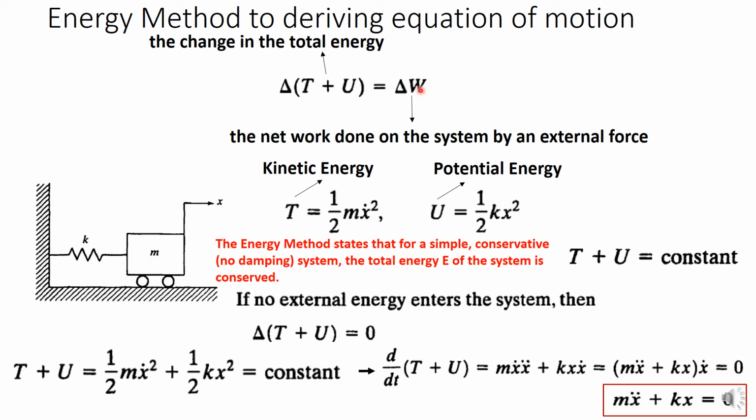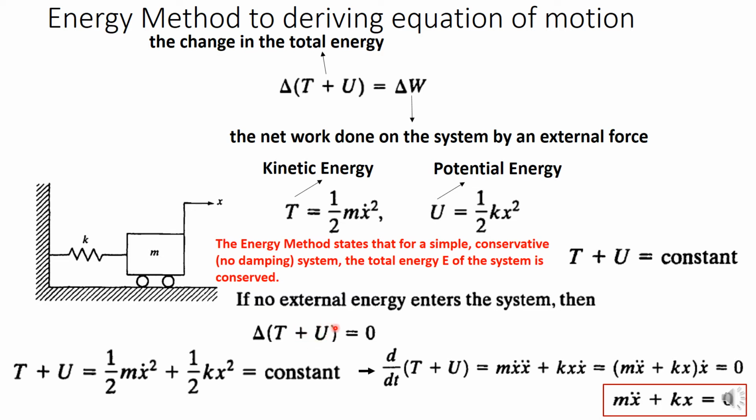Okay, so if we don't have any external force, we don't have any external energy entering this system, like this one, we don't have any force applied on it, then it means the delta W should be equal to 0.